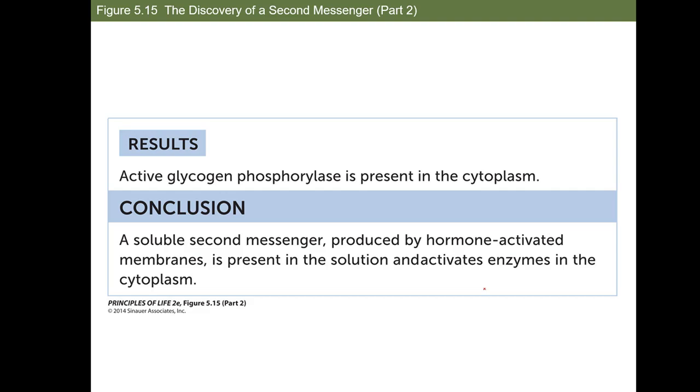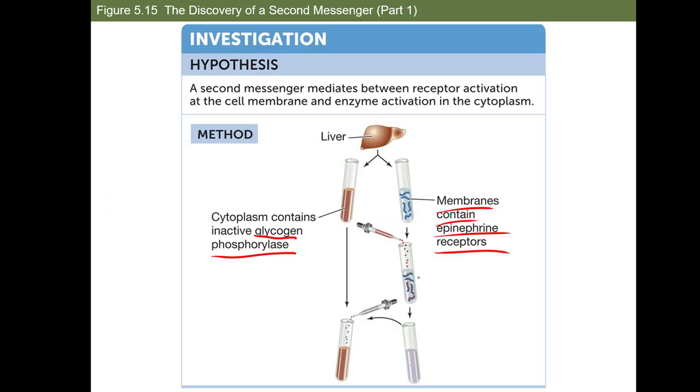Active glycogen phosphorylase is then present in the cytoplasm. So their conclusion, a soluble second messenger produced by hormone-activated membranes is present in the solution and activates enzymes in the cytoplasm, because they didn't take the membranes out of here, they just took the liquid.